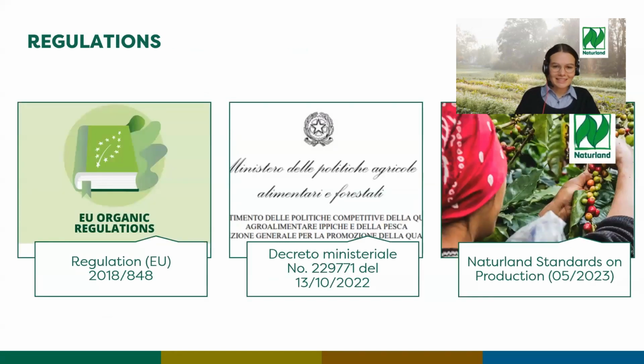Now, in this slide, I want to show you briefly the different regulations which state rules regarding crop rotation in the greenhouses. So firstly, the new EU organic regulation 2018/848, which came into force on the 1st January 2022.